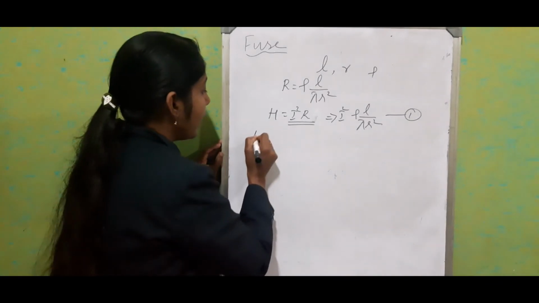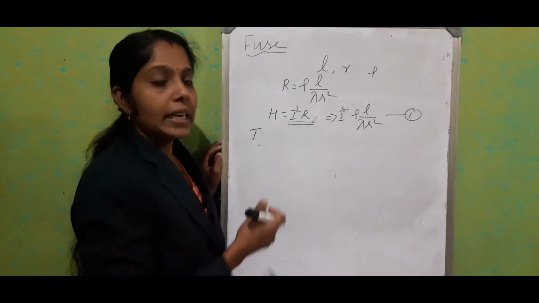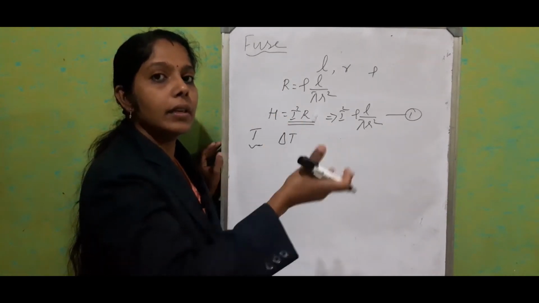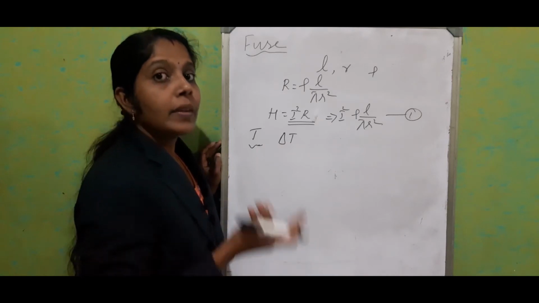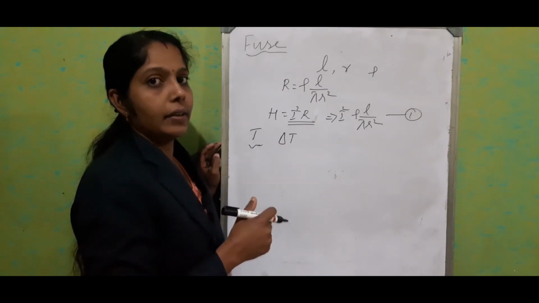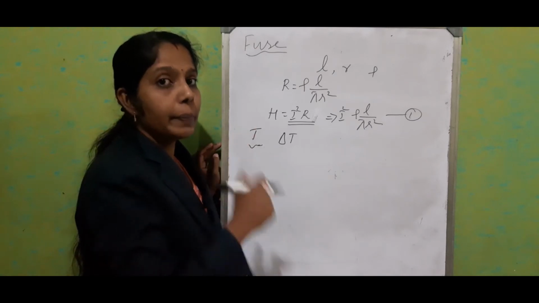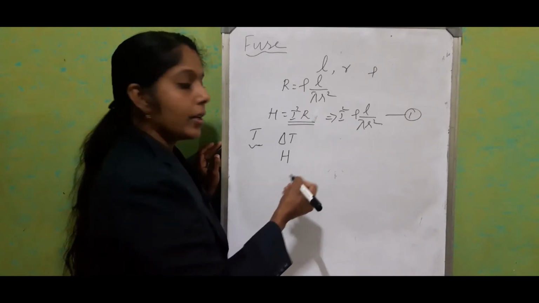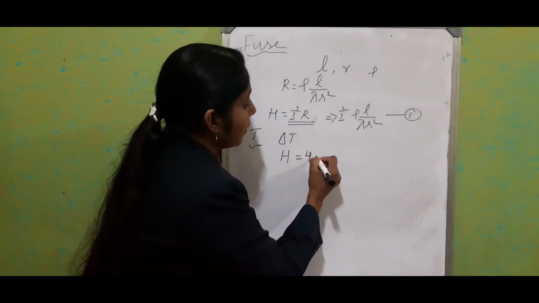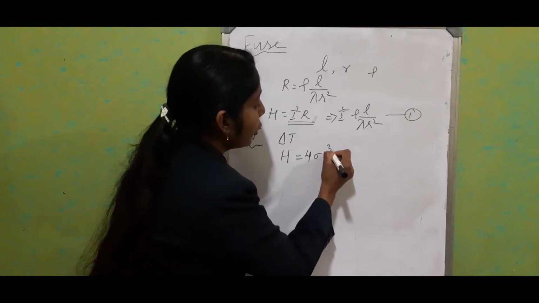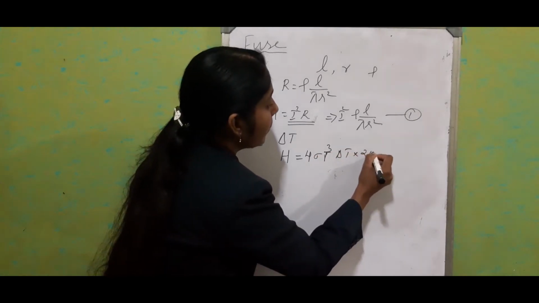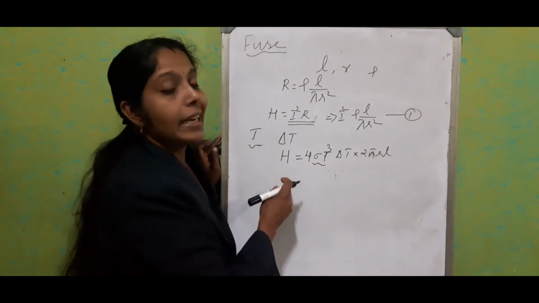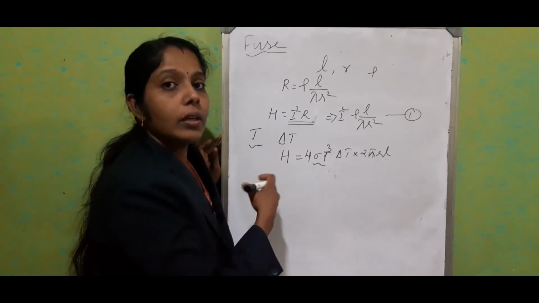If T is the surrounding temperature and delta T is the rise in temperature in the fuse wire, it also produces a heating effect, which we also represent as H. That is equal to 4 sigma T cube delta T into 2 pi r L. This heat loss is due to radiation.